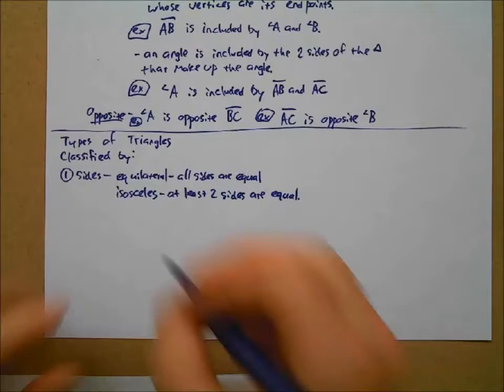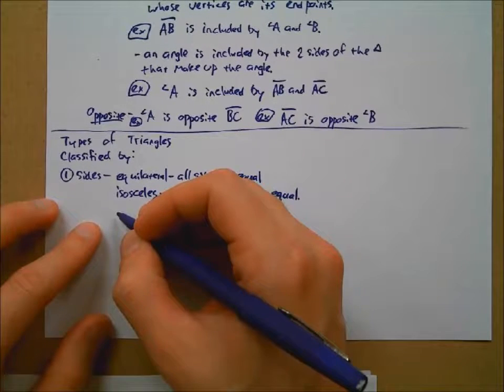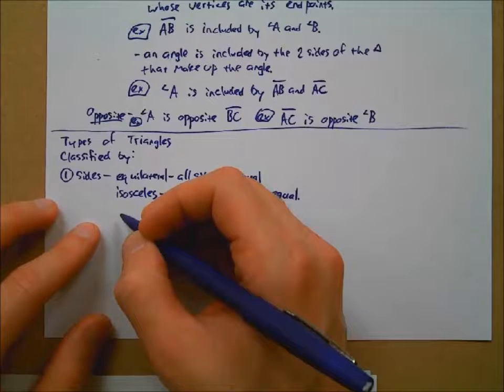And then finally, what's the name for a triangle that has no sides congruent? Jake? Scalene. You got it.